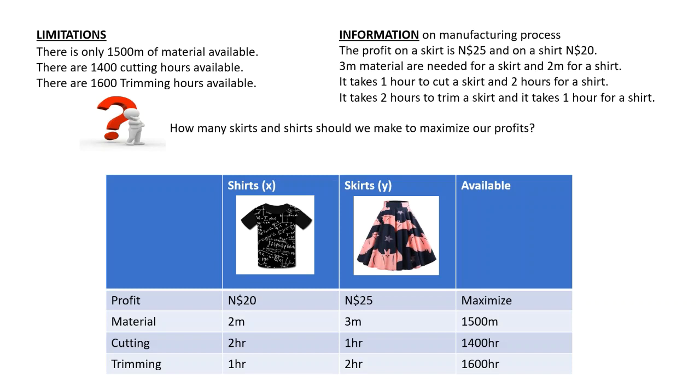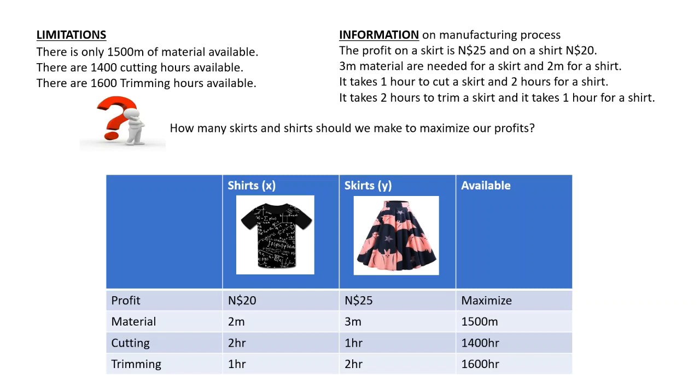Note that over here I have X in brackets because X represents the number of shirts, Y represents the number of skirts. And here under available in the profit, we don't have an amount of profit available. We just want to maximize it. That is our aim. We want our profit to be as maximum or as maximal as possible.